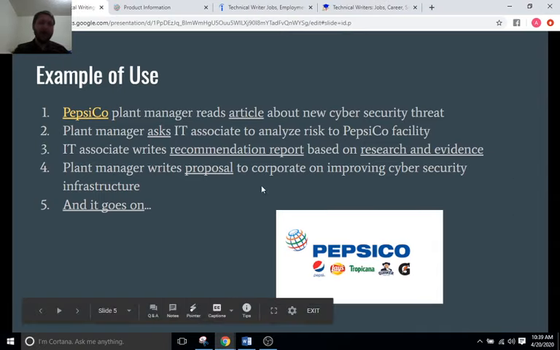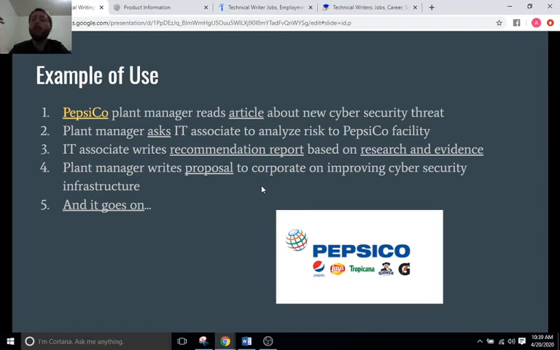Step 4 here, the plant manager then writes a proposal to corporate on improving cybersecurity infrastructure. So that could mean that the recommendation report came back that the IT associate is saying, yeah, we don't have an adequate infrastructure here for cybersecurity, and we should do X, Y, and Z in order to improve it.